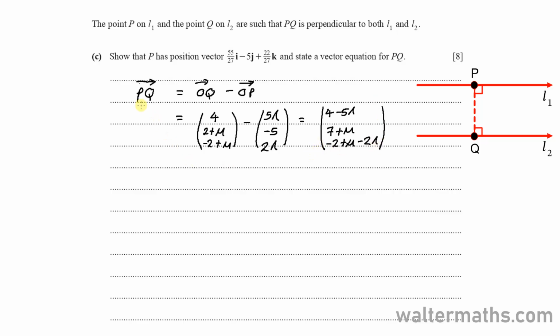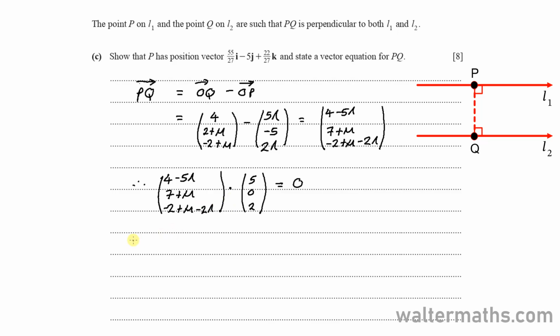Now since PQ is perpendicular to both L1 and L2, we know that the dot product of PQ, which we got to be 4 minus 5 lambda, 7 plus mu, and minus 2 plus mu minus 2 lambda, with the direction vector of L1, which is 5, 0, 2, should give us 0.